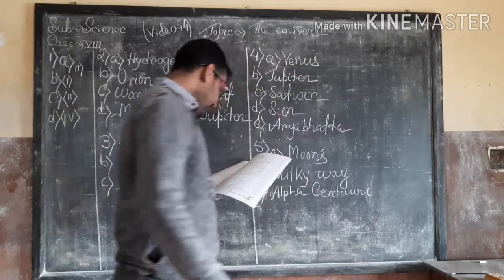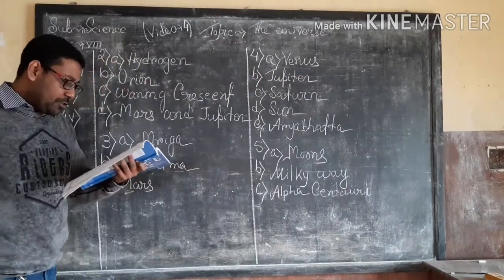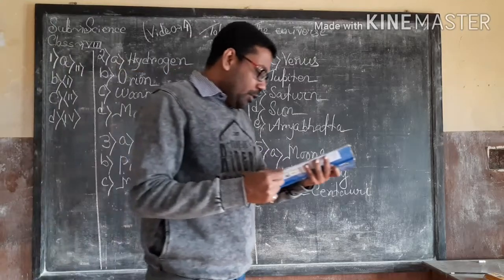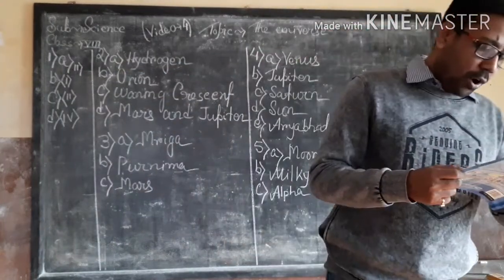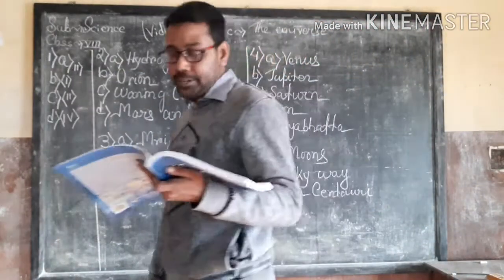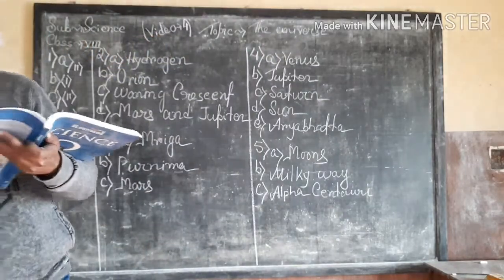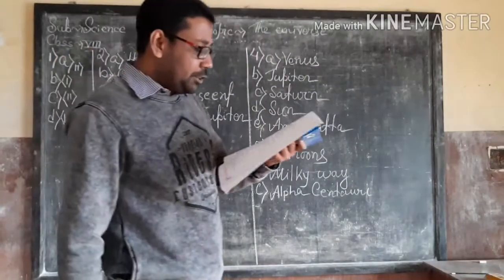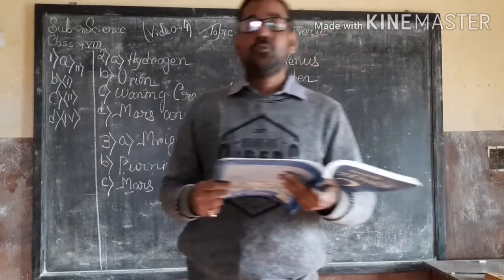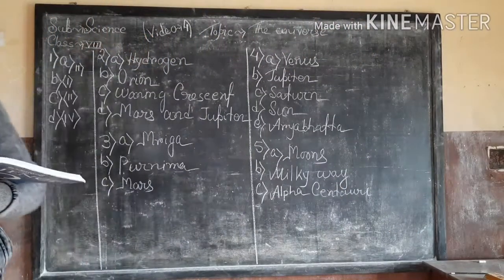Alpha Centauri. Next, which constellation is called the Little Bear? And after that, what is the other name of the shooting star? These two are homework.